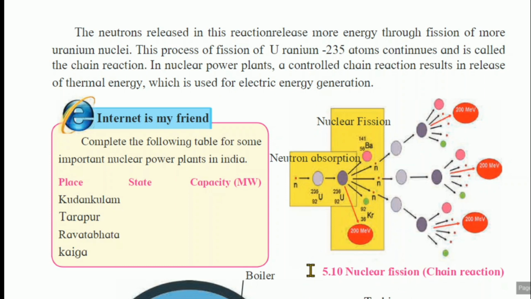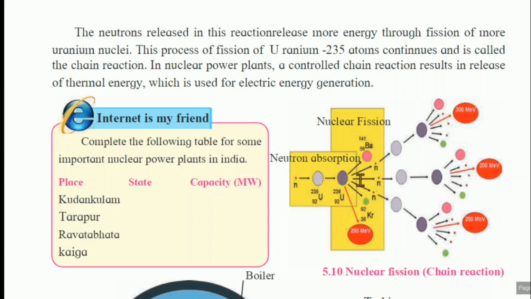Listen carefully. First of all, what did we do? Neutrons. We just bombard those neutrons on uranium-235. This is the uranium-235 atom. Due to the bombarding of the neutron, it gets converted into uranium-236, which is the isotope. Uranium-236 gets unstable, and when it becomes unstable, there is a separation of barium and krypton.